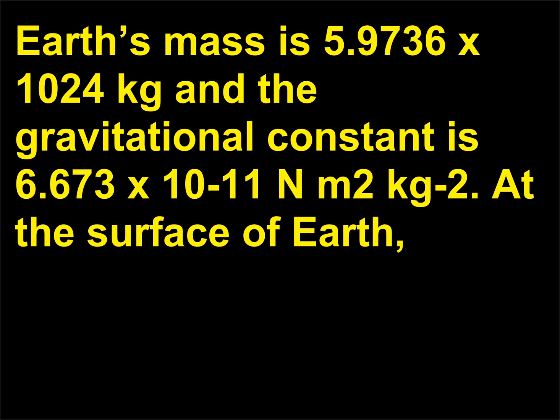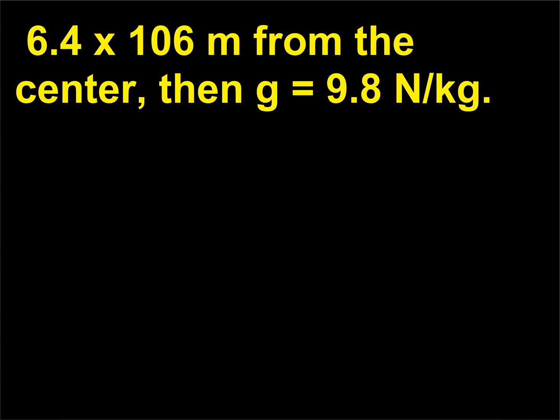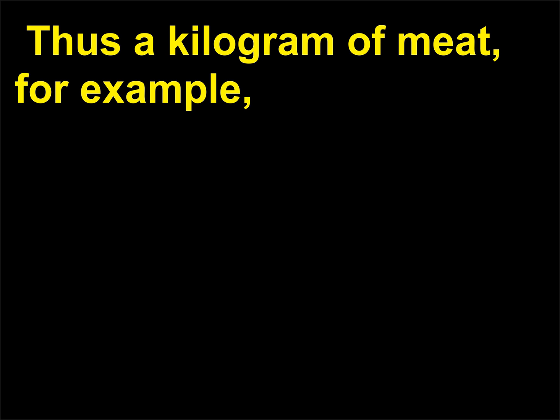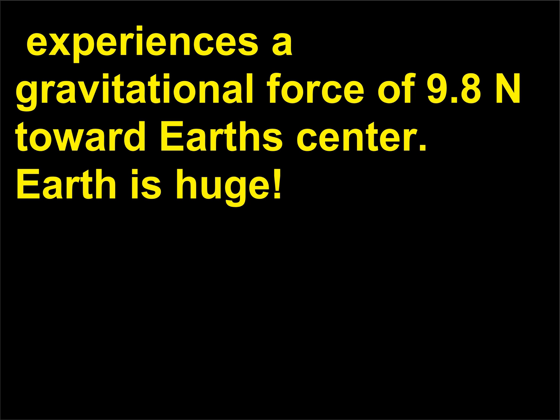At the surface of Earth, 6.4 x 10^6 m from the center, g equals 9.8 N/kg. Thus a kilogram of meat, for example, experiences a gravitational force of 9.8 N toward Earth's center. Earth is huge.